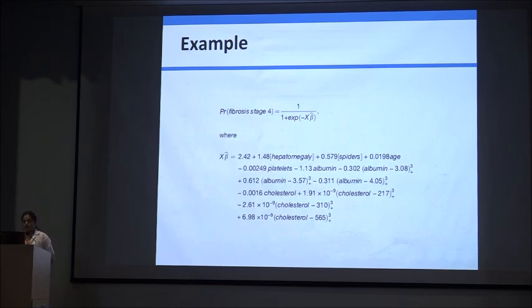So the probability of an outcome can be computed for a patient by combining the observed values of the predictors and their corresponding regression coefficients. And this number you see here, 2.42, this is the intercept. So there are two main components to the regression output, the intercept and the coefficient. And both of these together basically constitute the clinical prediction model.